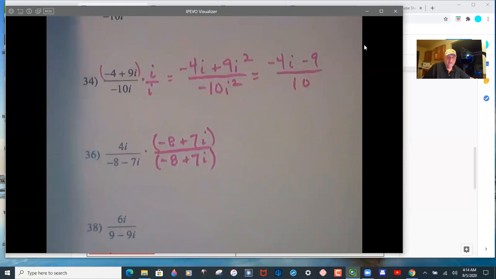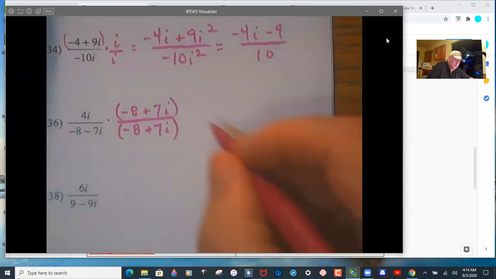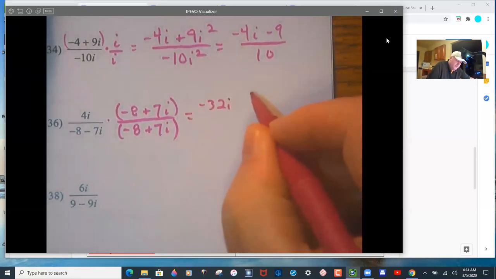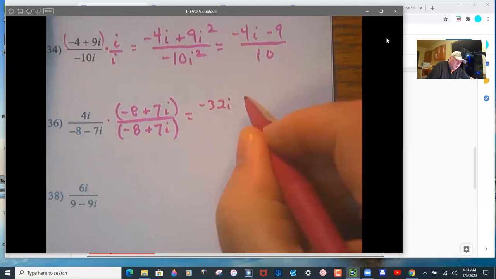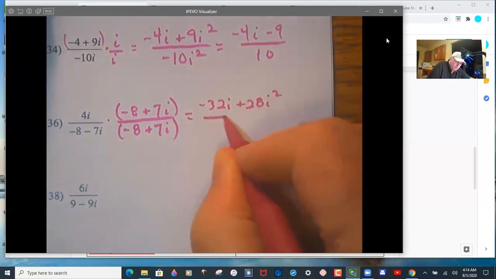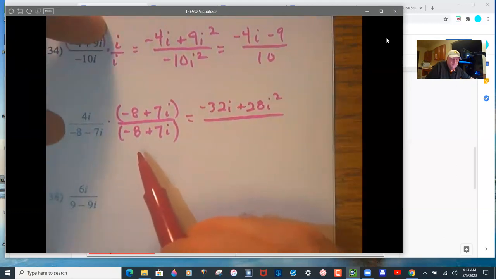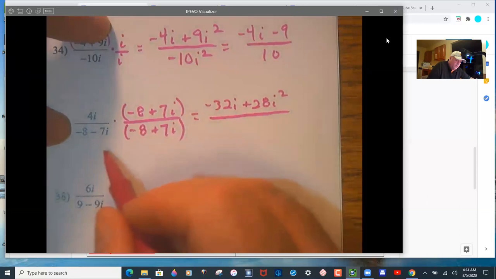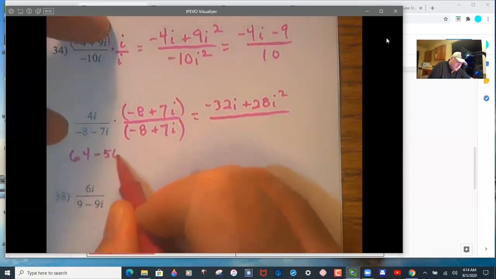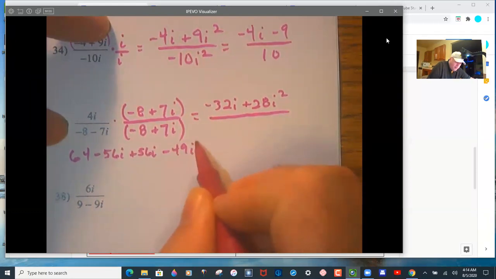Okay, so if you have a complex number on the bottom, you need to multiply by the conjugate. So the conjugate is you change the sign in the middle. And plus 28i squared. And then this is always going to be a number. Let's see here, 64 minus 56i plus 56i minus 49i squared.